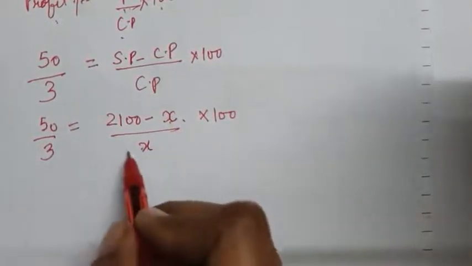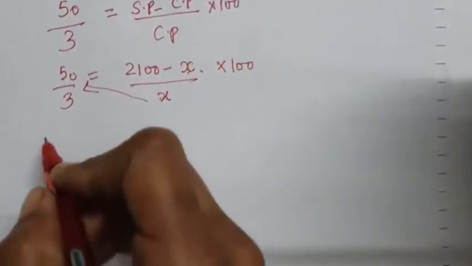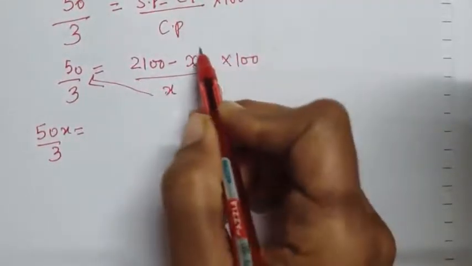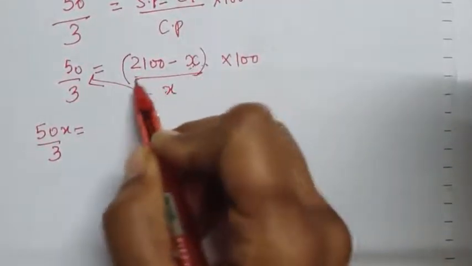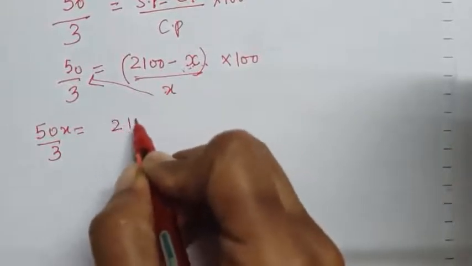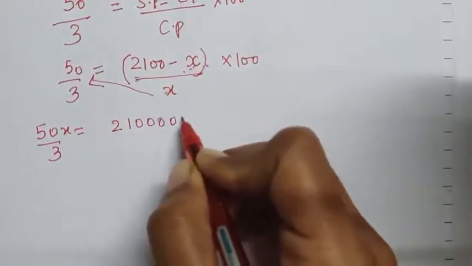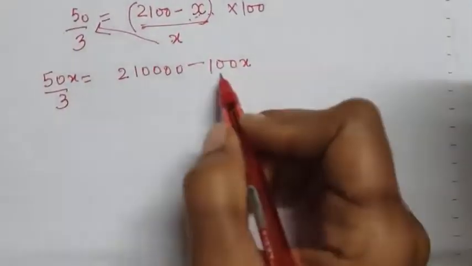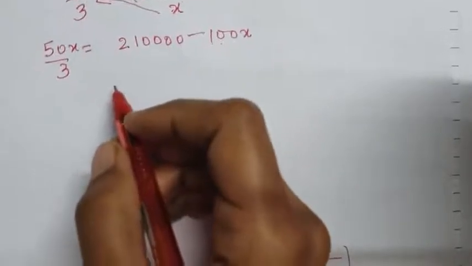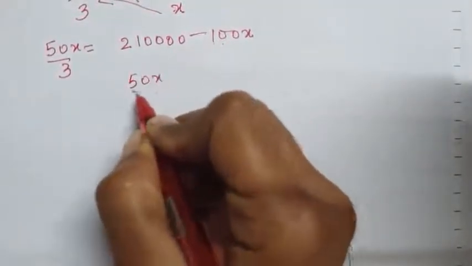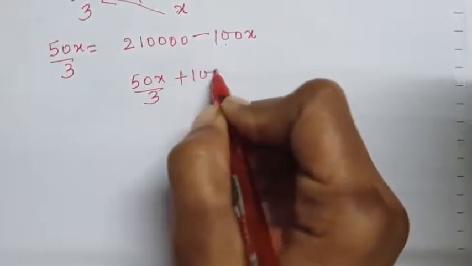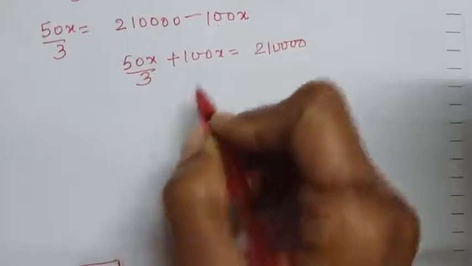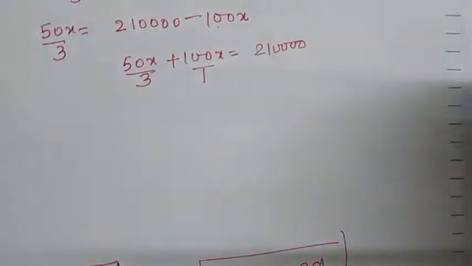Now don't cancel it. Okay. This will shift to that side. We get 50x/3. 100 will get multiplied with both these values, that is 210000 minus 100x. So 100x will shift to that side. We get what? 50x/3 plus 100x. Fine. Now take the LCM.